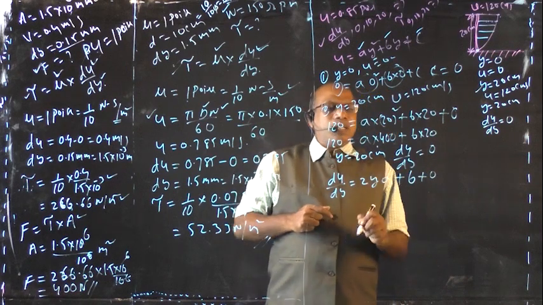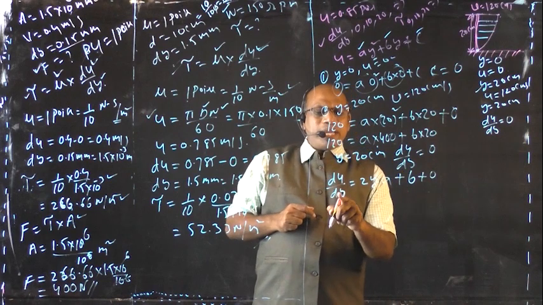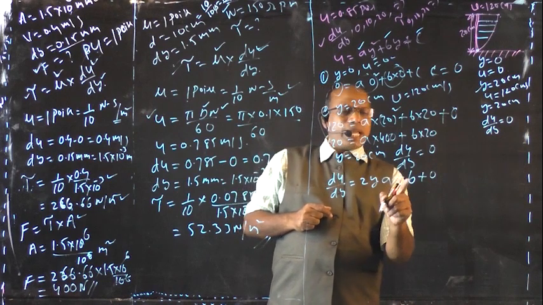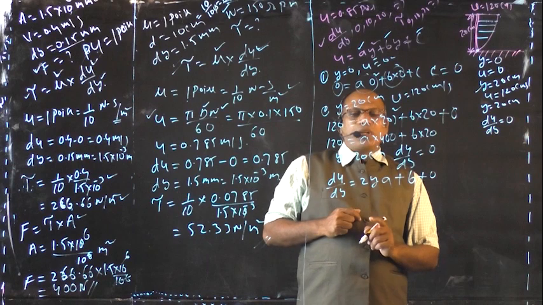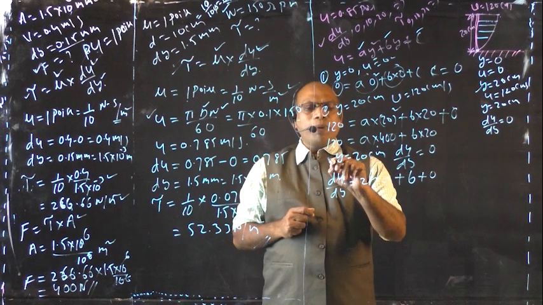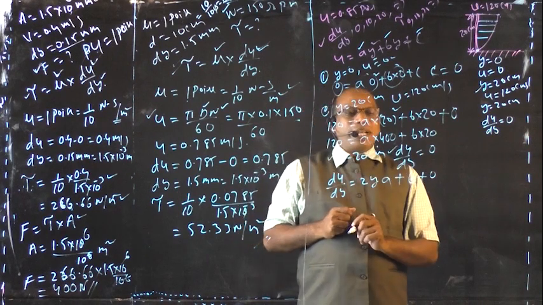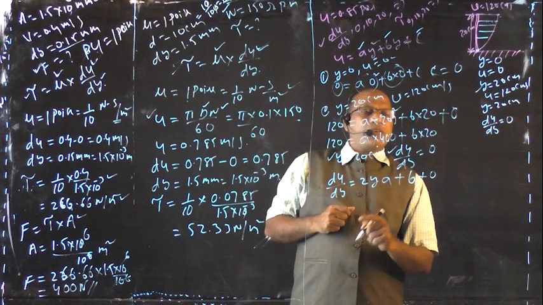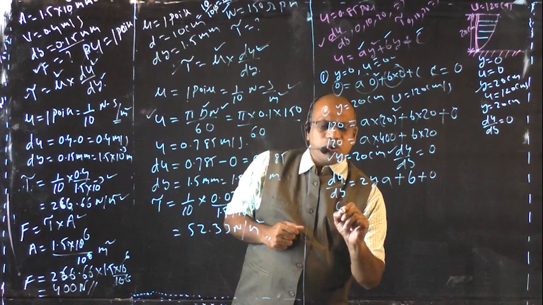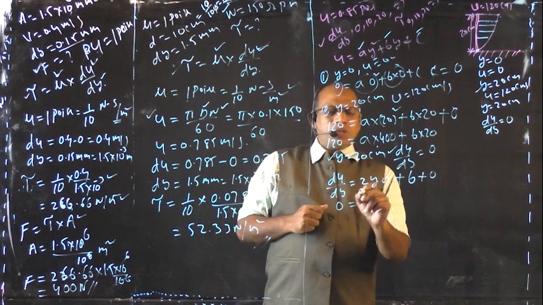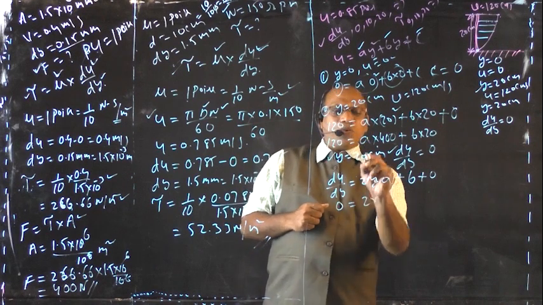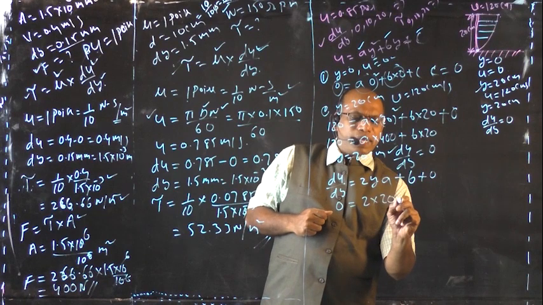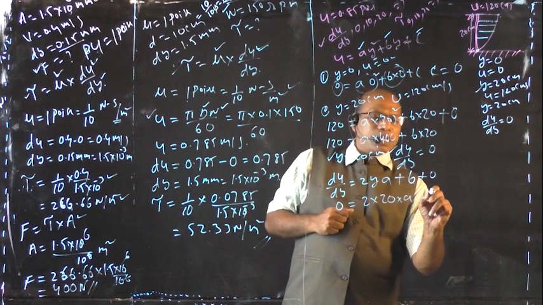Applying the third boundary condition, y is equal to 20 centimeters, du by dy is equal to 0, therefore 0 is equal to 2 into 20 into a plus b.